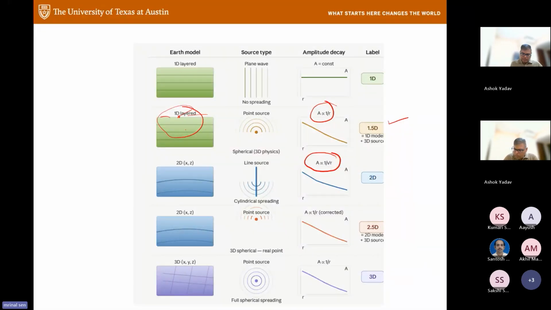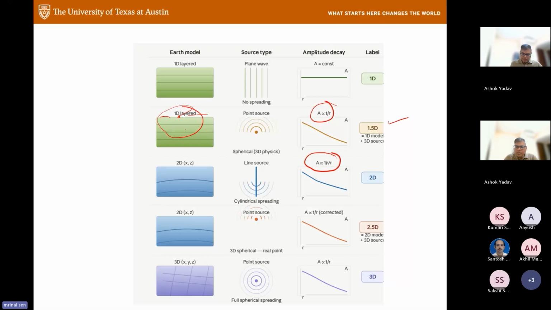So now comes to seismic processing. So let's say that you have a 2D line, right? And you want to use a 2D algorithm to process the data. In reality, the Earth is 3D and you have a point source. But as soon as you restrict your algorithm to 2D, it becomes line source.